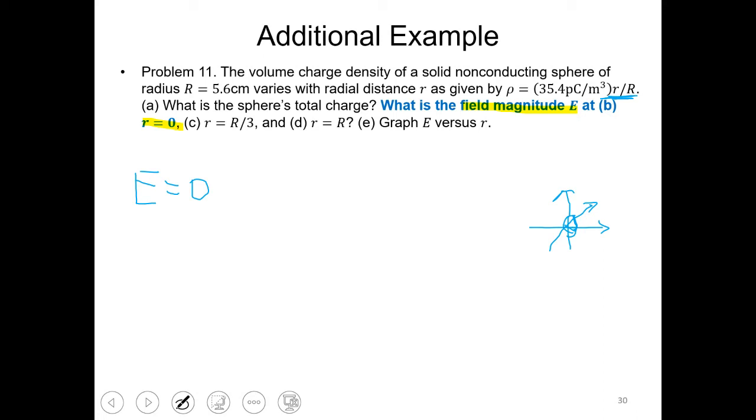Due to the symmetric property, there may be E field outside, but at the very center, all the E field should be cancelled at that point.